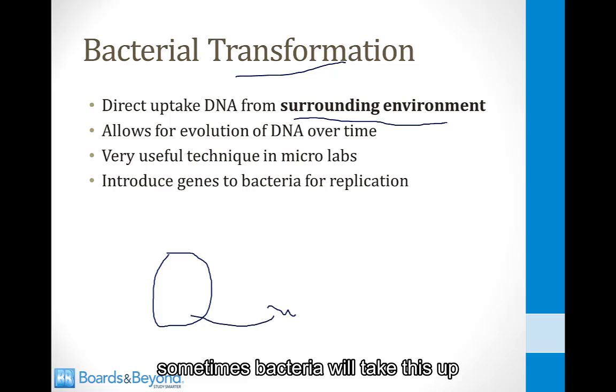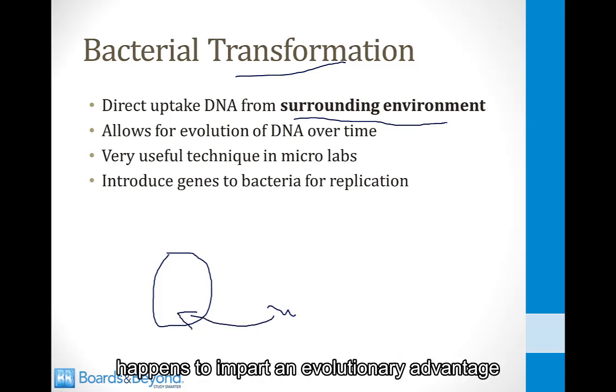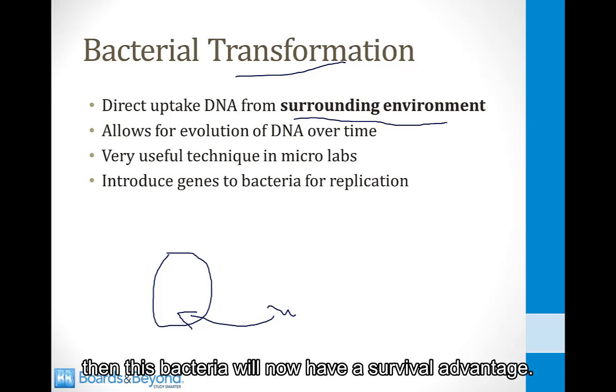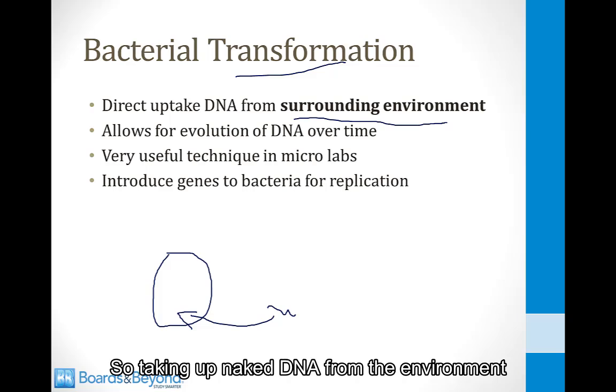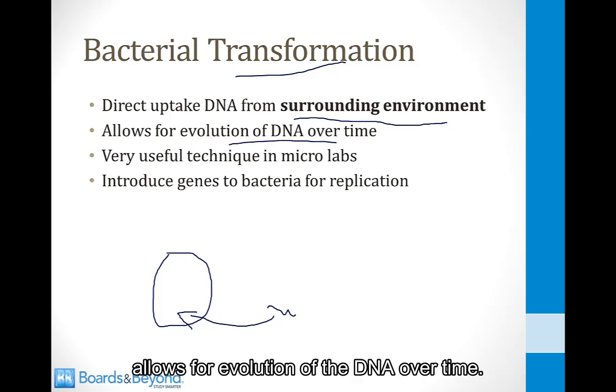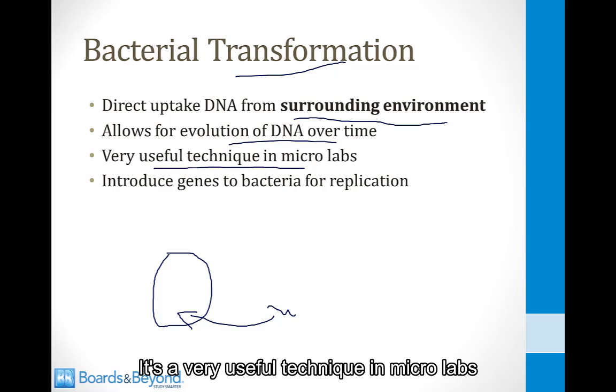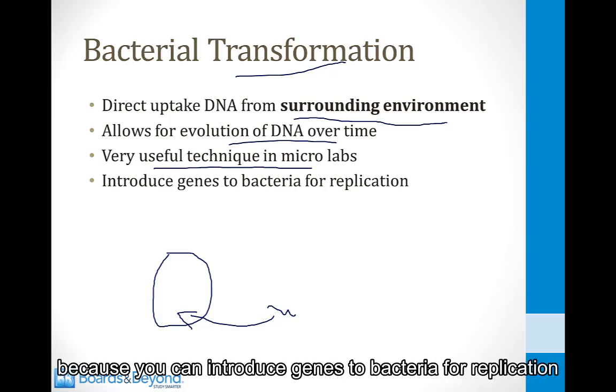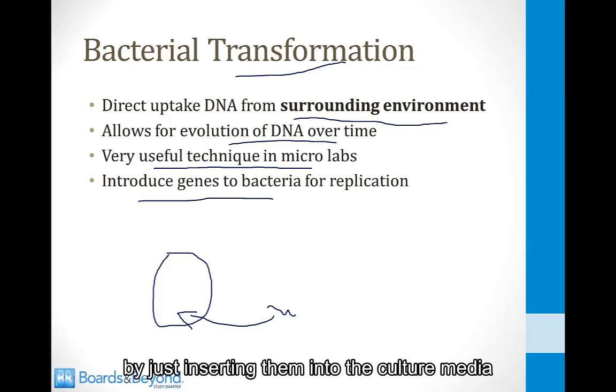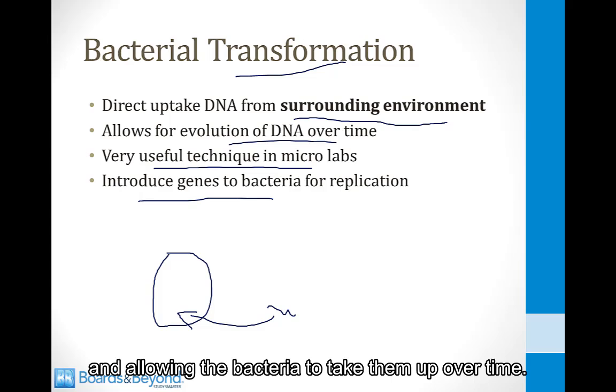Sometimes bacteria will take this up and incorporate it into their genome, and if the DNA they take up happens to impart an evolutionary advantage like antibiotic resistance, then this bacteria will now have a survival advantage. So taking up naked DNA from the environment allows for evolution of the DNA over time. It's a very useful technique in micro labs because you can introduce genes to bacteria for replication by just inserting them into the culture media and allowing the bacteria to take them up over time.